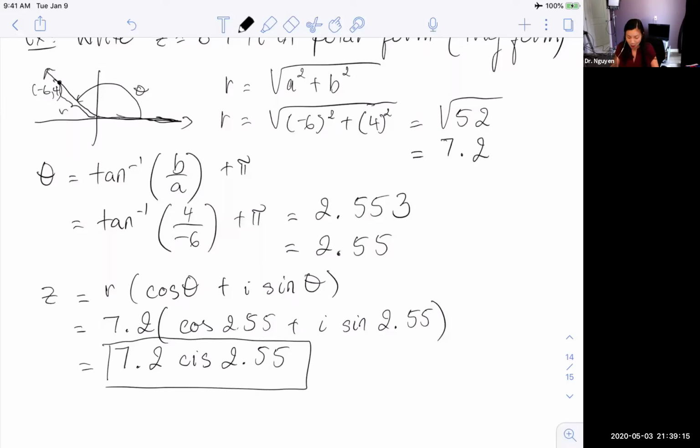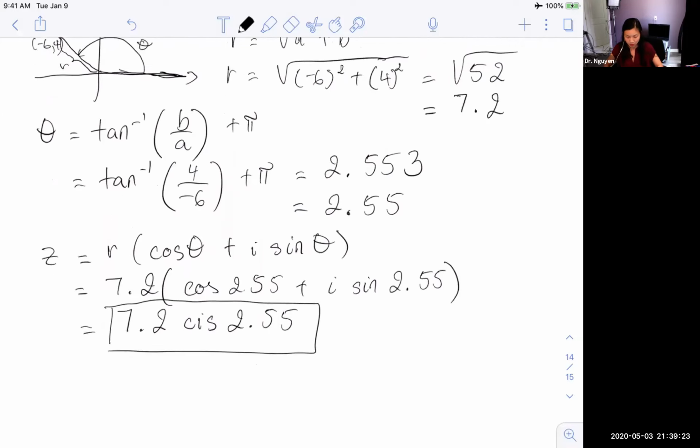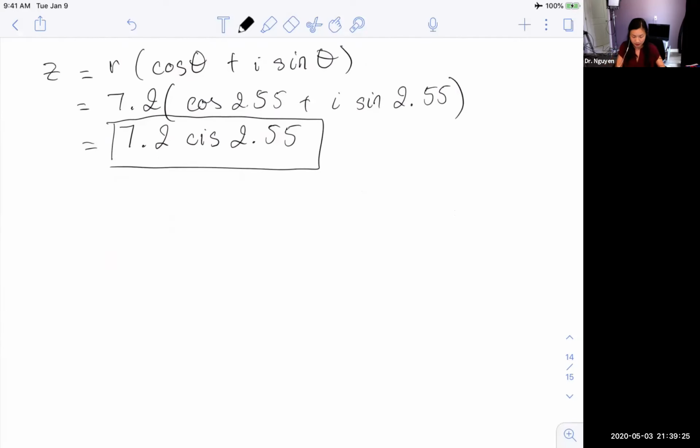Okay. All right. Now, I want to introduce you to this problem right here. So we're trying to find (-2 square root of 3 minus 2i) raised to the power of 5.